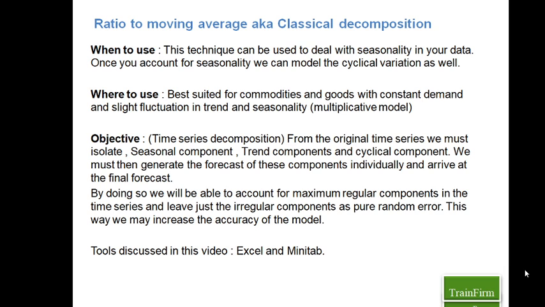That means if you can create a forecast for your seasonal component, your cyclical component, and your trend component, a majority of your components will be regular, leaving aside only the irregular component, which you may not be able to generate a forecast for, and we will live with that error in our model.